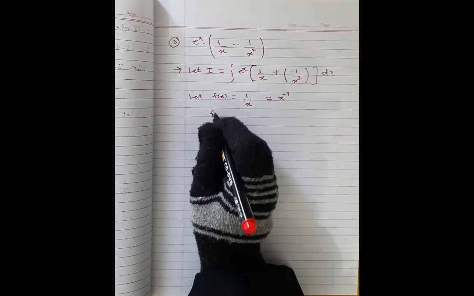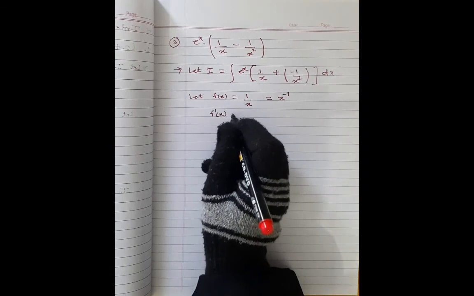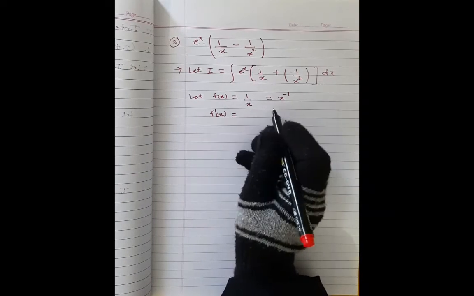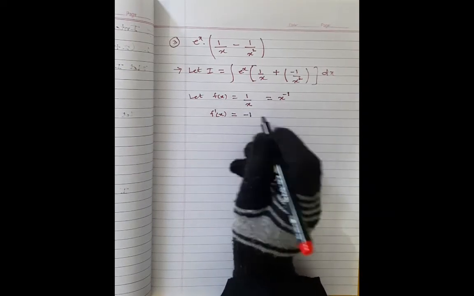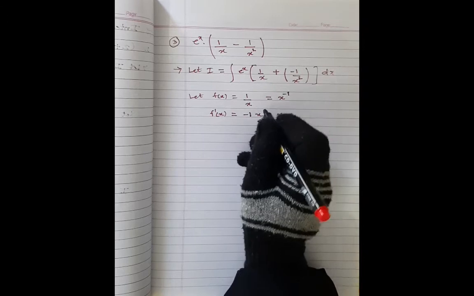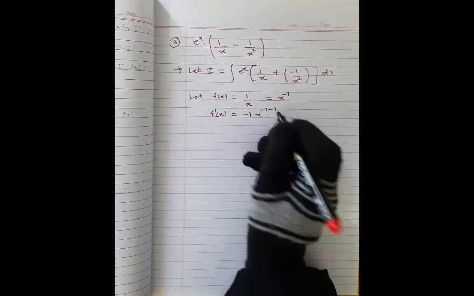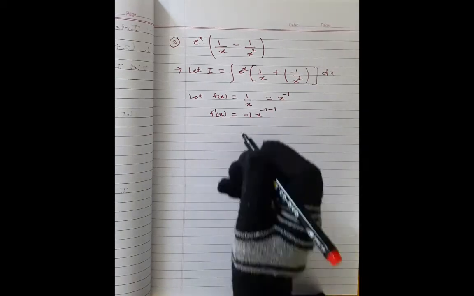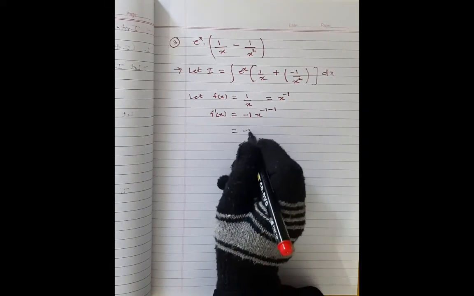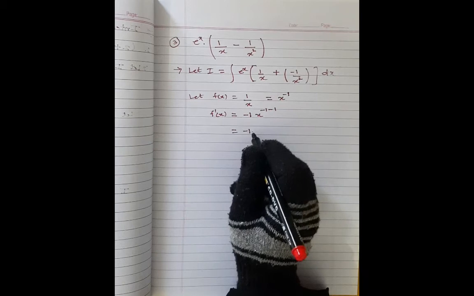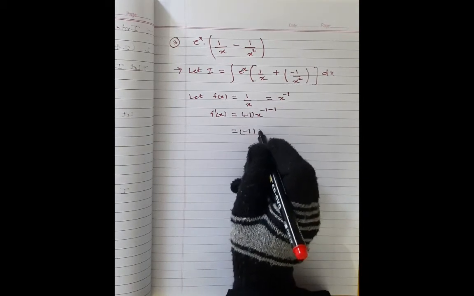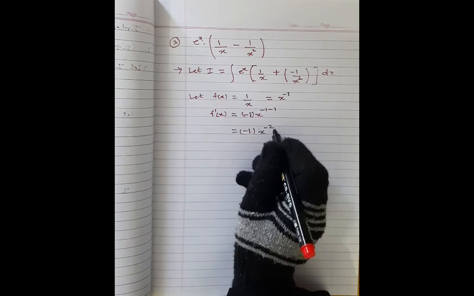Now find f dash x. What is f dash x? The derivative of x raised to minus 1 is minus 1 into x raised to minus 1 minus 1, that is, minus 1 into x raised to minus 2.